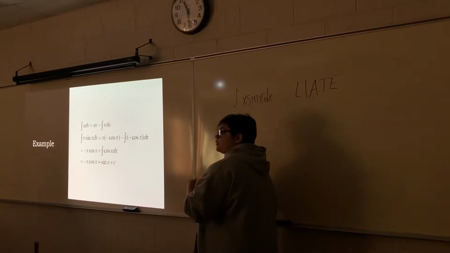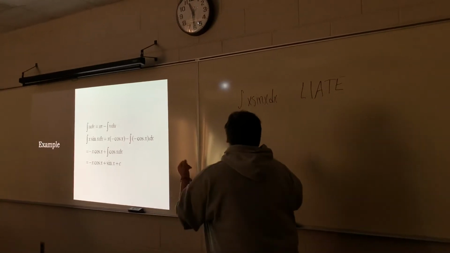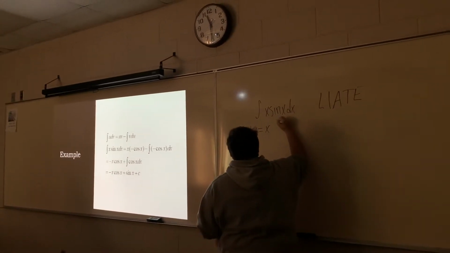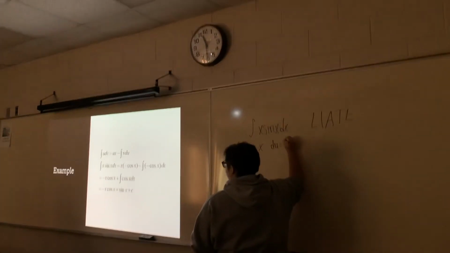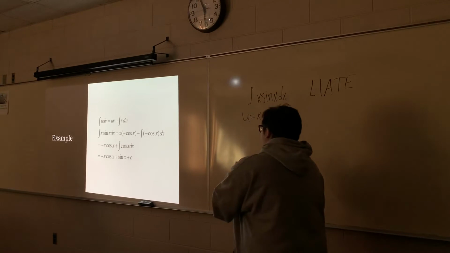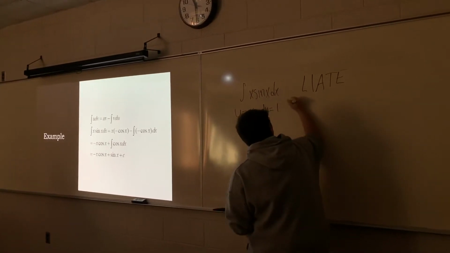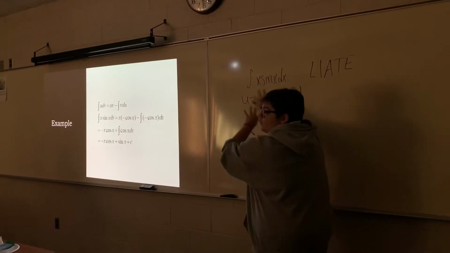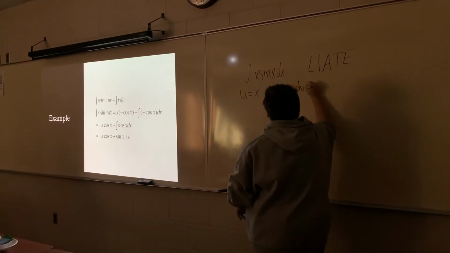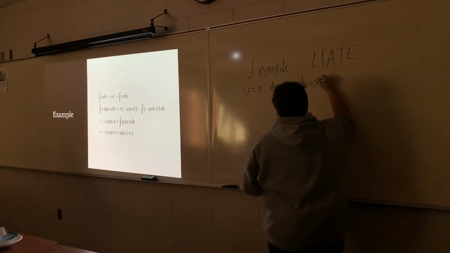And you're going to find the derivative of u. Now, again, many of you haven't had calculus, but the derivative of u, represented with du, equals 1. Now, you have a u, you have du, and now you need v and dv. dv is just going to be whatever's left here. So it's going to be sine x dx, because you've already identified your u.